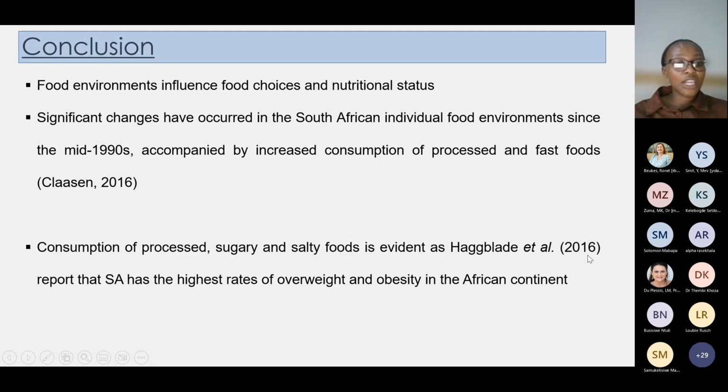Blade et al. 2016 also reported that South Africa has the highest rates of overweight and obesity on the African continent. So the next speaker is going to talk more on how it is going to be possible for us to create sustainable food environments.